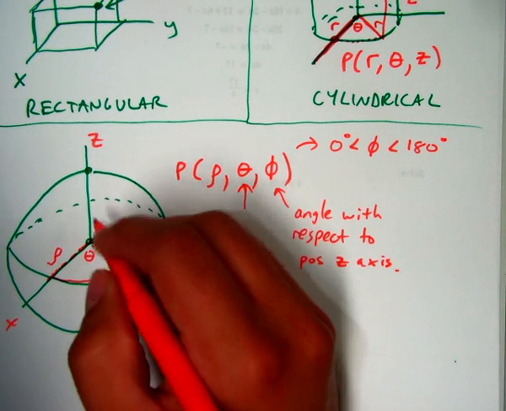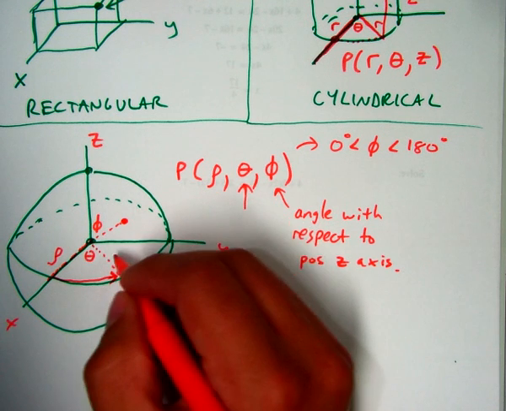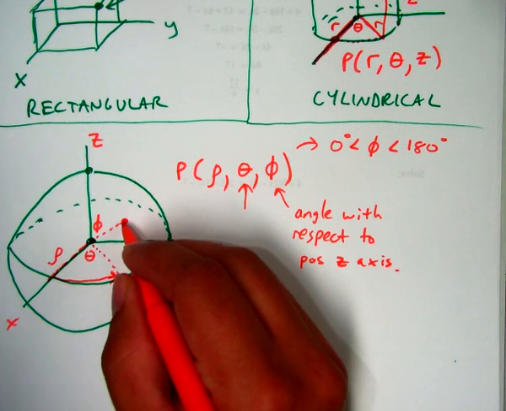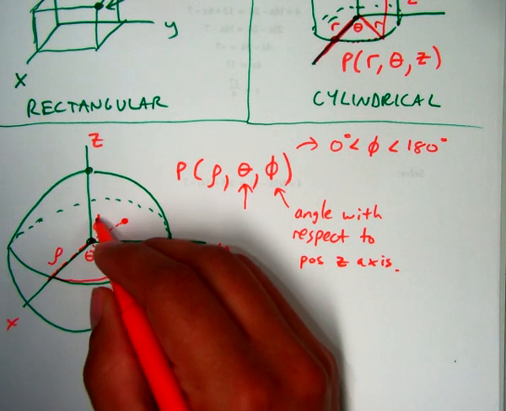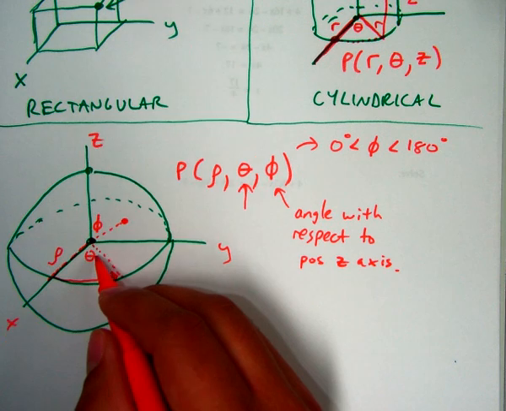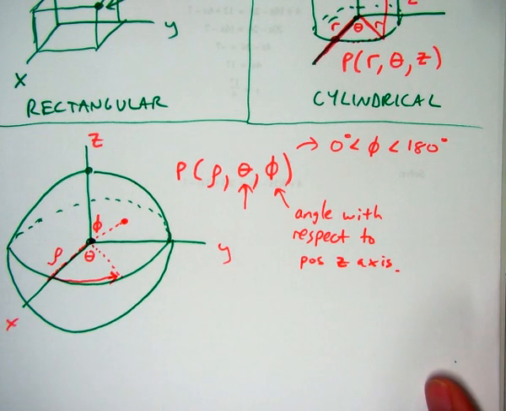So now this would be phi right here. This would still be theta, and rho would be the distance from the center to the sphere on the surface there. So phi is always the angle with respect to the positive z-axis. Theta is always the angle with respect to positive x. And rho just tells you how far out along the sphere you are.